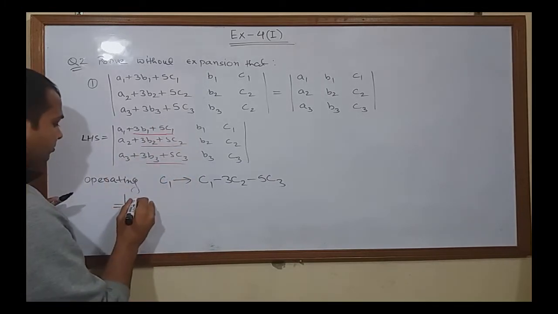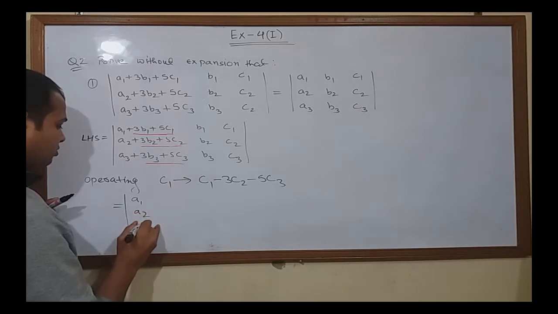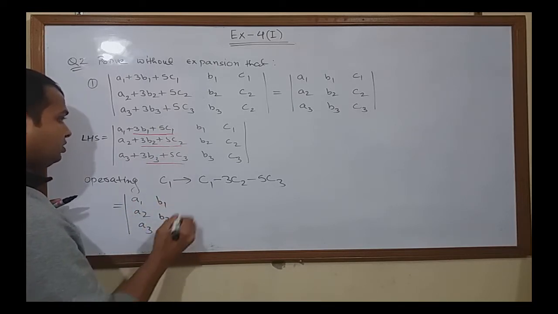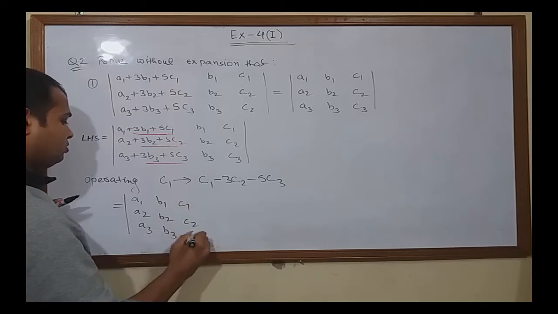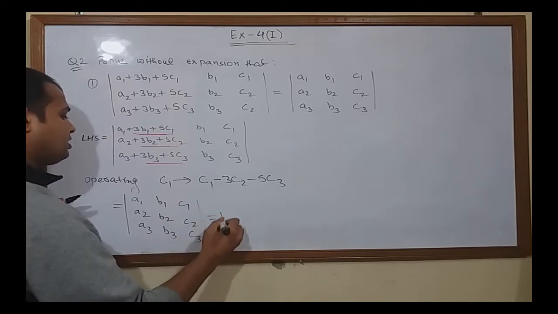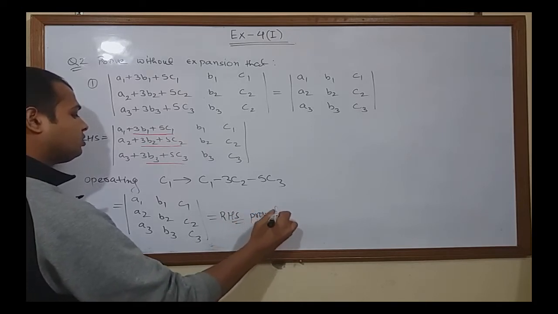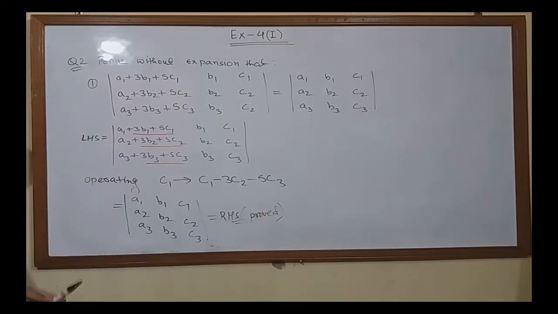So I'm left with a1, a2, a3, b1, b2, b3, c1, c2, c3. This is exactly your RHS, proved. So question number 1 is done.